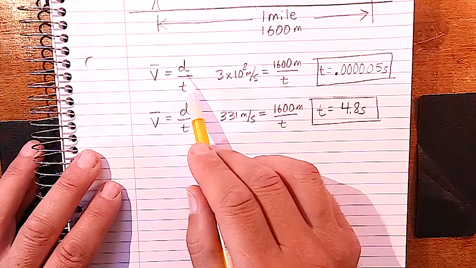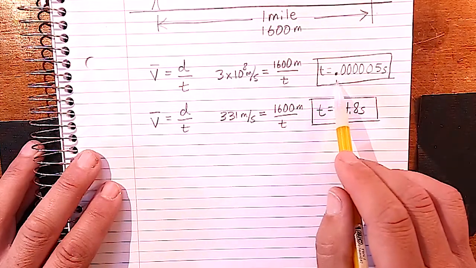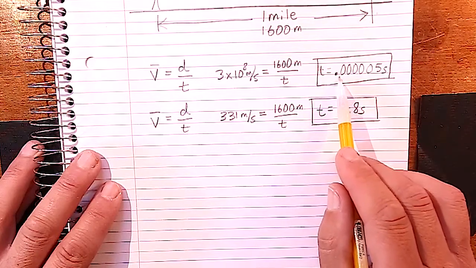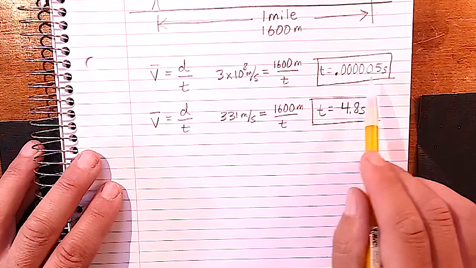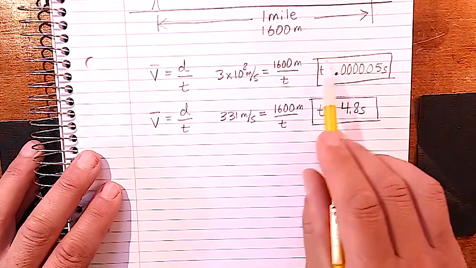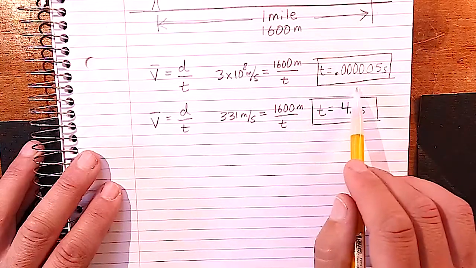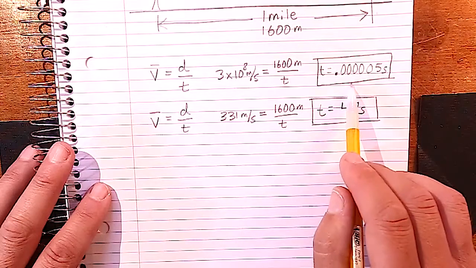So we know the distance, 1,600 meters, and the time it takes for light to go a mile is 0.0000005 seconds. In other words, it's so short that we can treat this as essentially zero. It's not zero, but it's so small we can't detect it.